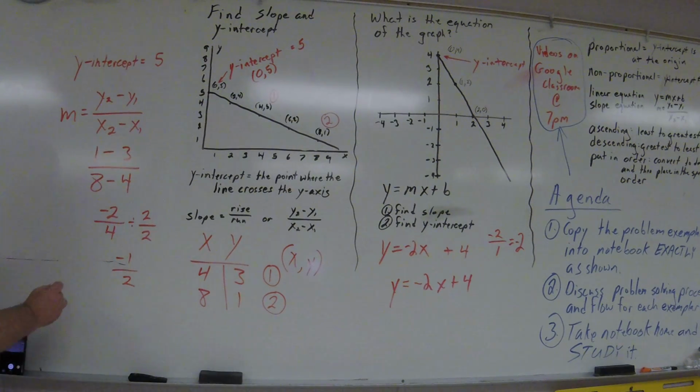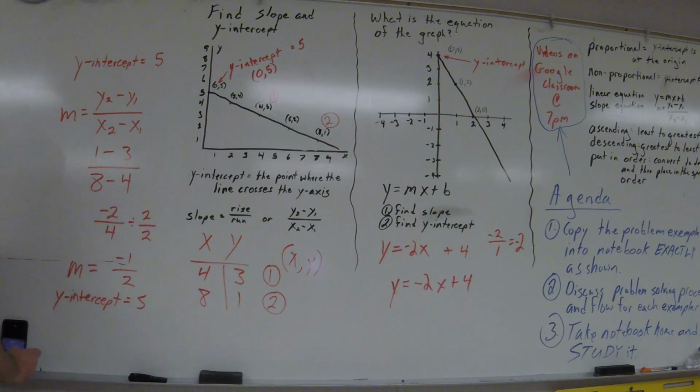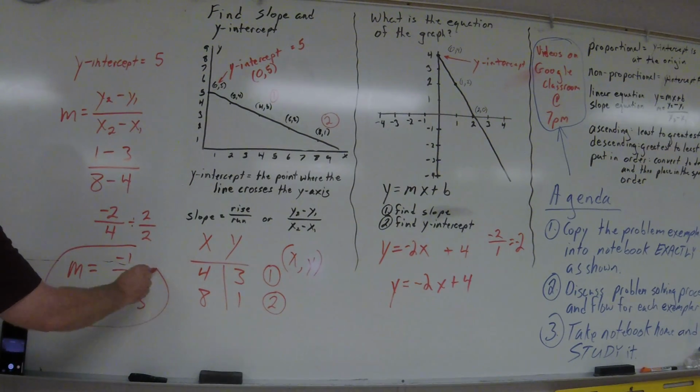So our slope equals negative 1/2. So we have our y-intercept of 5, and we have our slope, which is negative 1/2. That's all there is to it.